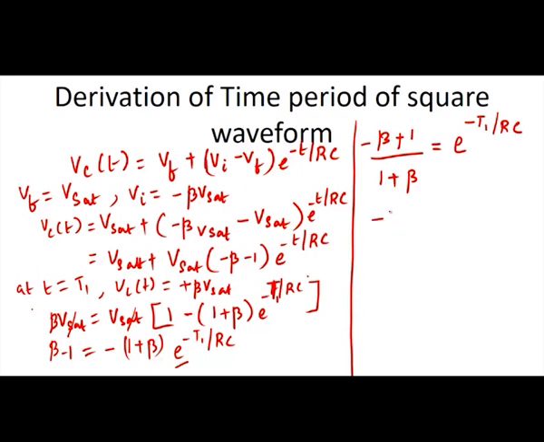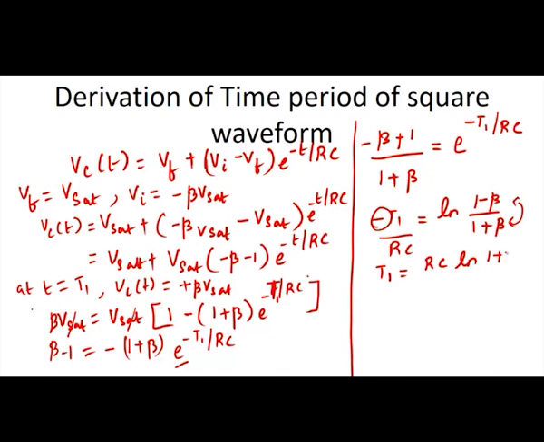Now take natural logarithm. Minus T1 by RC is equal to natural logarithm. If you take natural logarithm, this exponential will get cancelled on the right hand side. So T1 by RC is equal to natural logarithm of 1 minus beta by 1 plus beta, and T1 is equal to RC natural logarithm, and if you put this minus inside the logarithm, these two terms will get reversed.